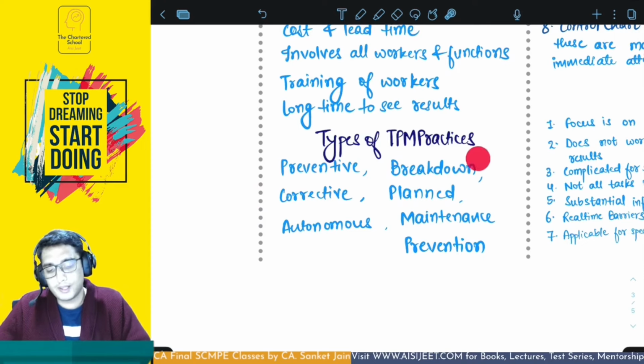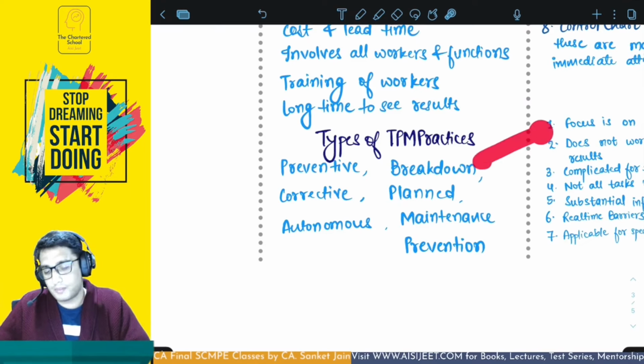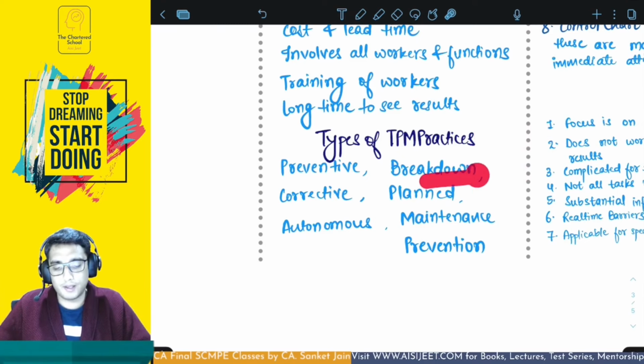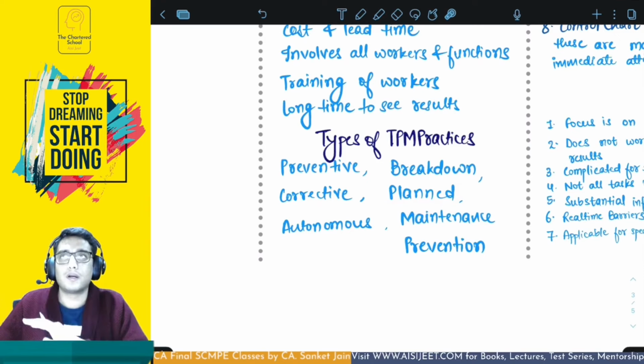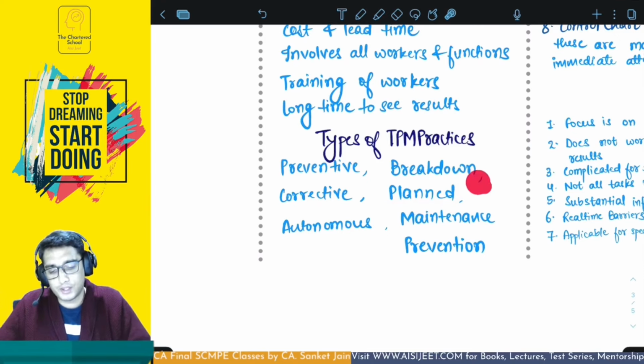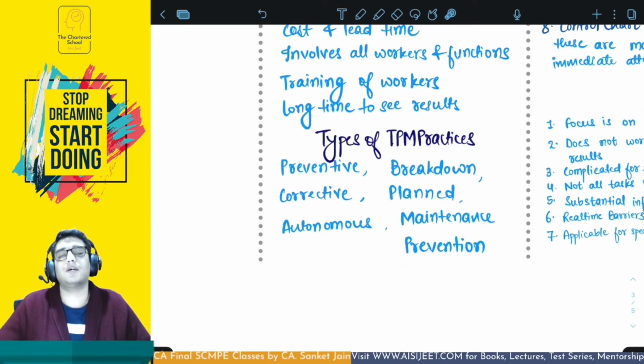Breakdown maintenance is that if the machine is breaking down, you are not maintaining it on a proactive basis, but you are working on a reactive basis. If the machine is breaking down, you are going for maintenance, that is breakdown maintenance. Planned maintenance is basically that you have created a proper schedule for the maintenance of your machines and equipment. Maintenance prevention is basically working with engineering staff to create a machine in a certain manner which requires lesser maintenance.